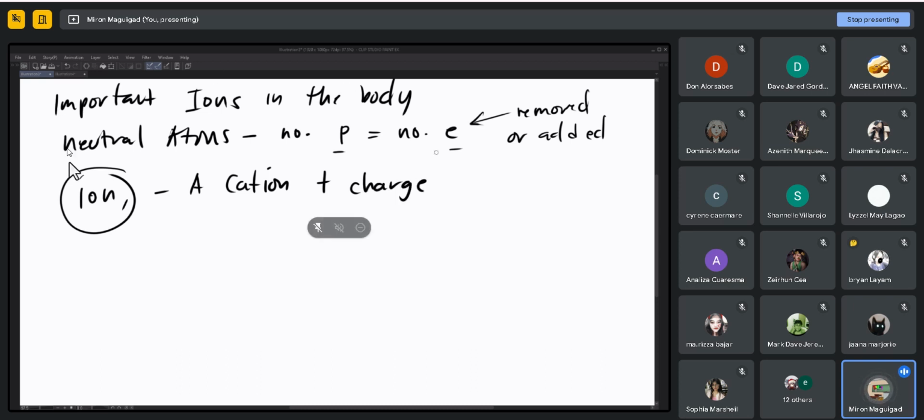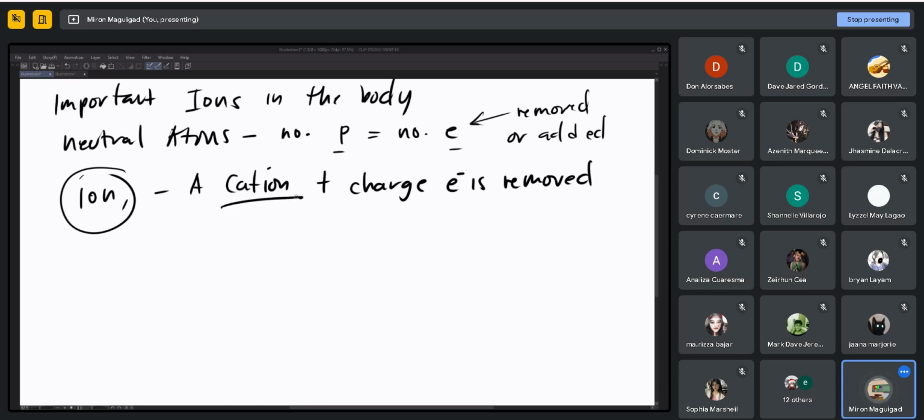So, kailan magfo-form ang cation, sir? When an electron is removed from an atom. So, a type of ion, which is specifically a cation, is formed when an electron is removed from an atom. Okay?